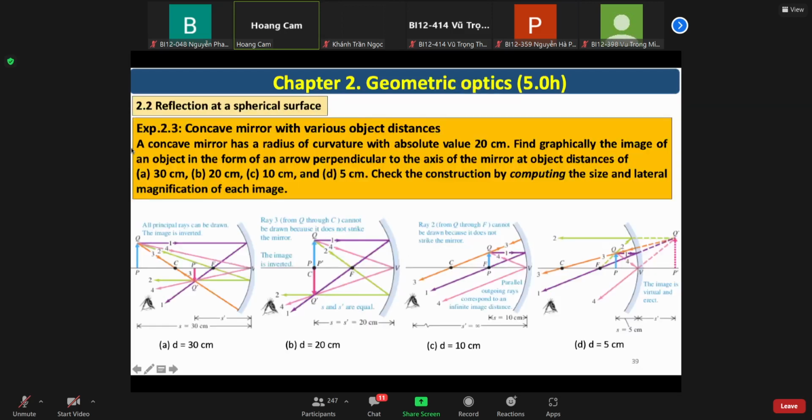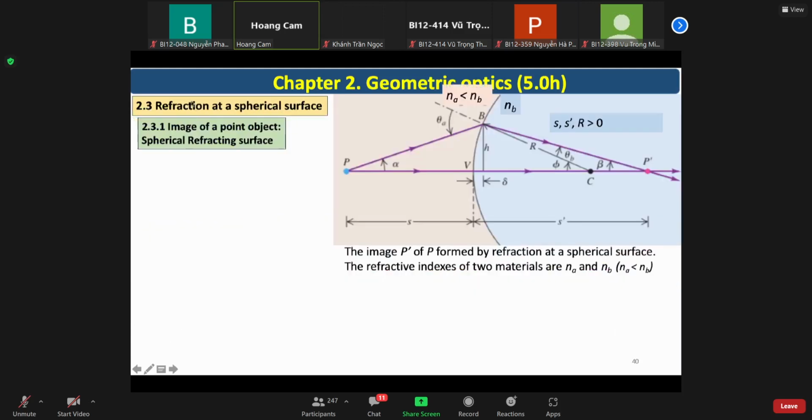We just finished the reflection at the spherical surface, and now we will deal with refraction, which is not really new. It's what you already studied earlier. However, we will deal with this phenomenon now. Before we move to this session, I propose to have a couple of minutes break.